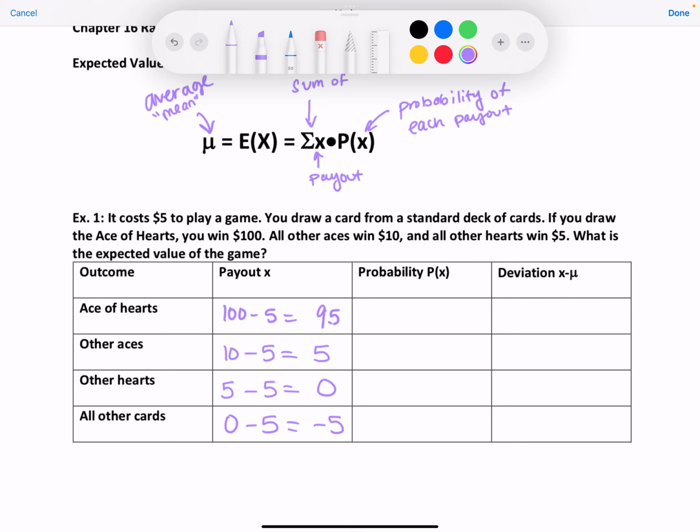So then we have to find the probability of each. With ace of hearts, there's only one of those in the entire 52 card deck, so the probability would be 1 out of 52. All other aces, there can only be 3 other ones, so that's 3 out of 52.